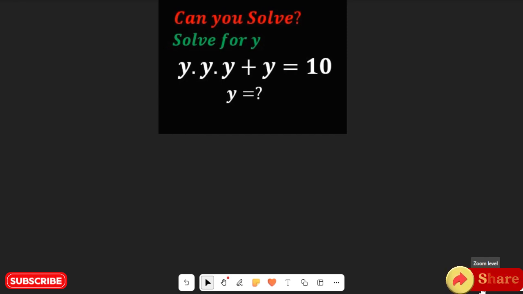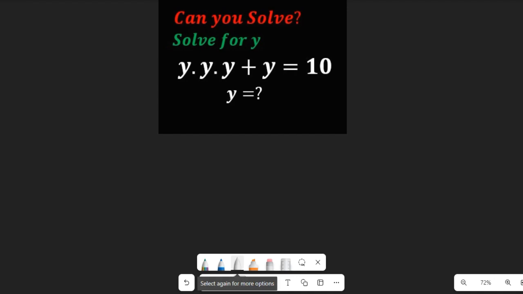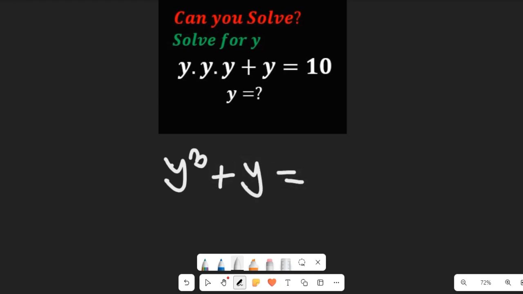Now let's solve. To solve this expression, we can find out that the first 3y is multiplying, and we have that adding 1y. So that is going to give us y times y times y, which is y to the power of 3, plus y, and this will be equal to 10.